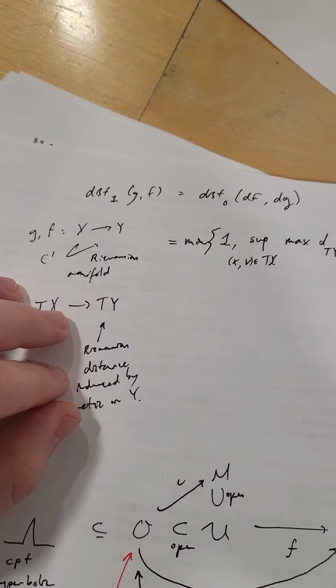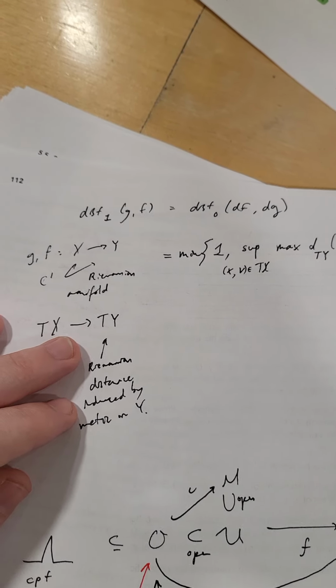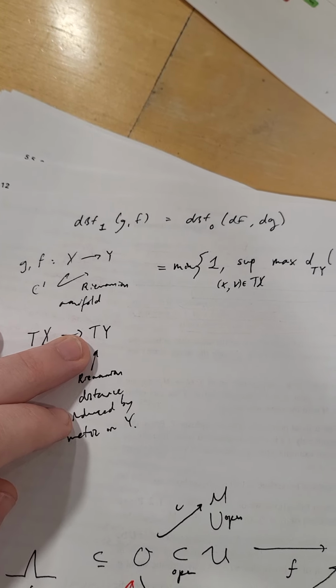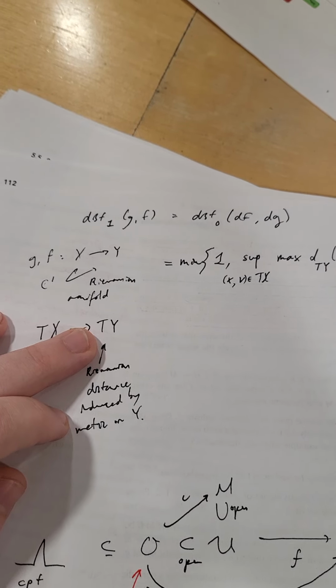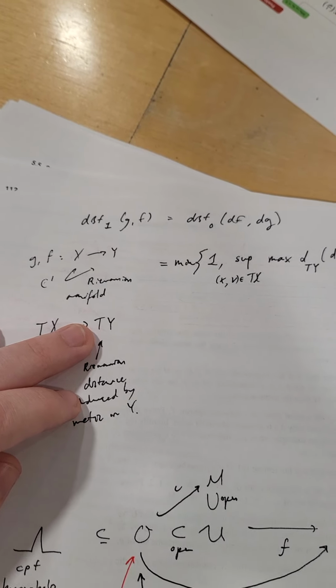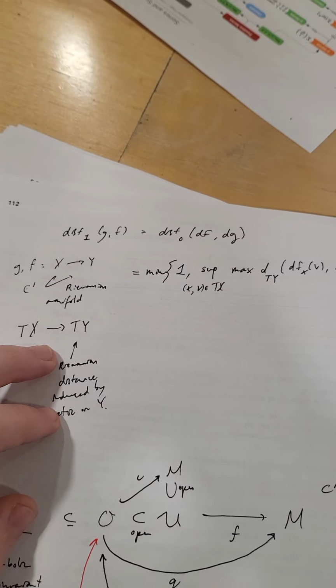So we have an inner product at every point, and so we can define a geodesic distance and essentially define the distance between 2 points of TY through parallel transport.